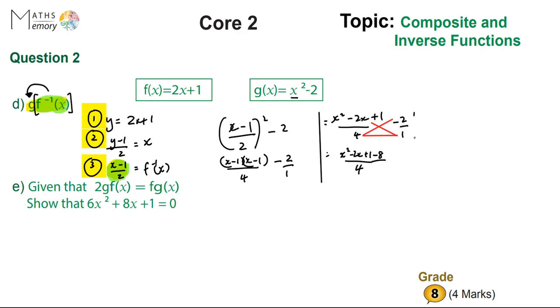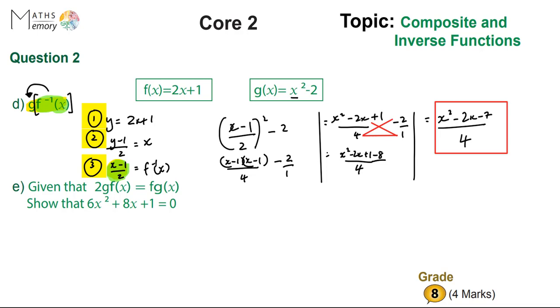This leads us to, if we carry on over here, x squared minus 2x minus 7 all over 4. So that would be a final answer for this. We can't go even further, but that would be what this answer would be over here. Let's just put this into a square so you don't get confused on that.